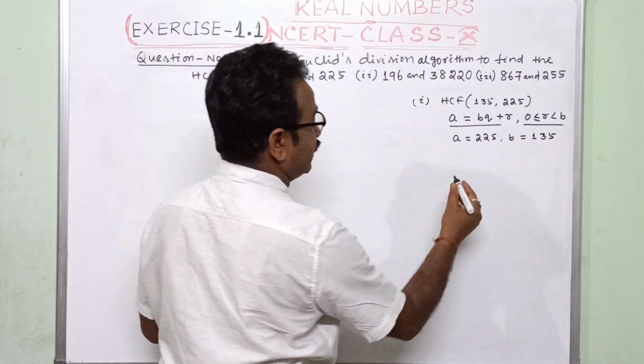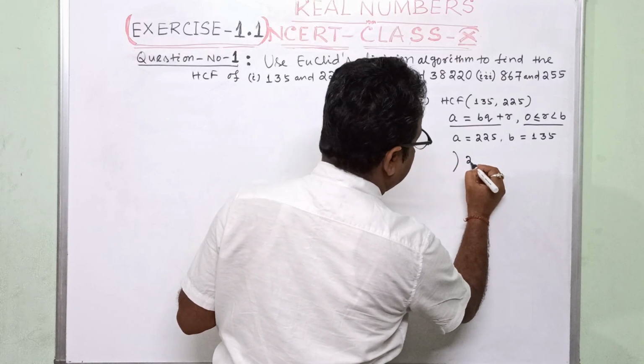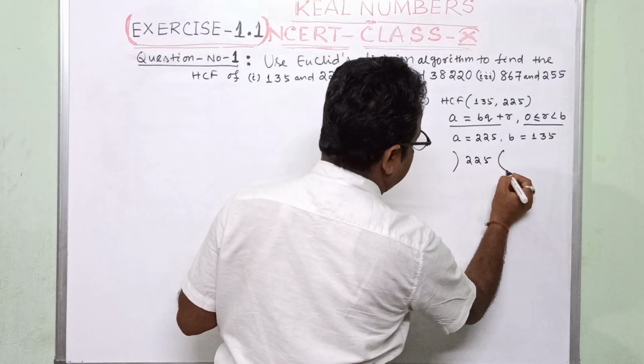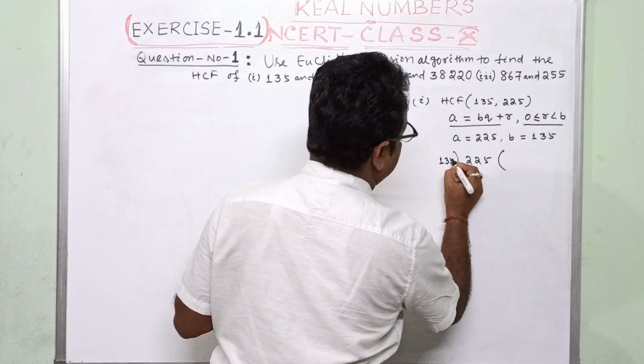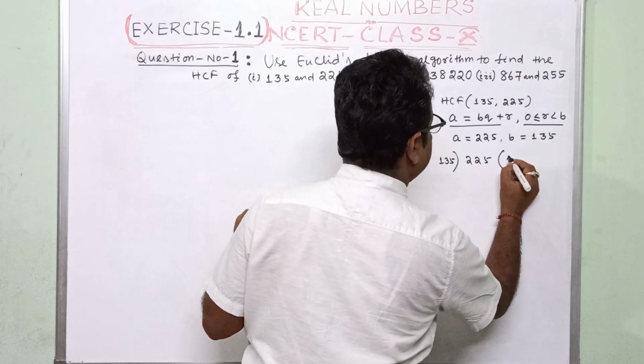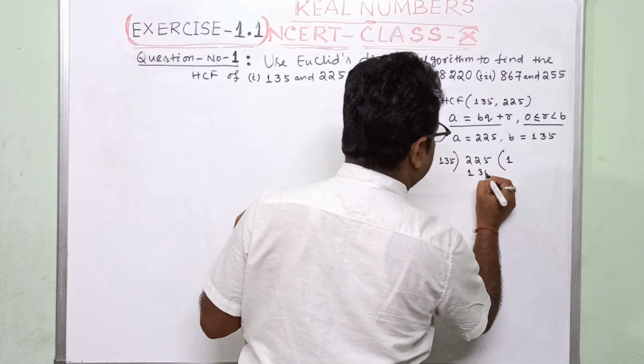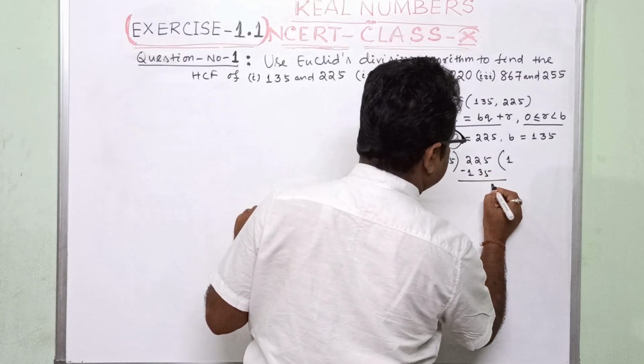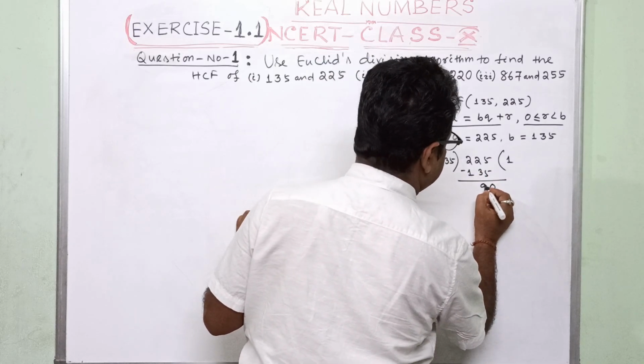Now we will divide 225 by 135. 135 into 1 is 135, subtracted, and we get 90.